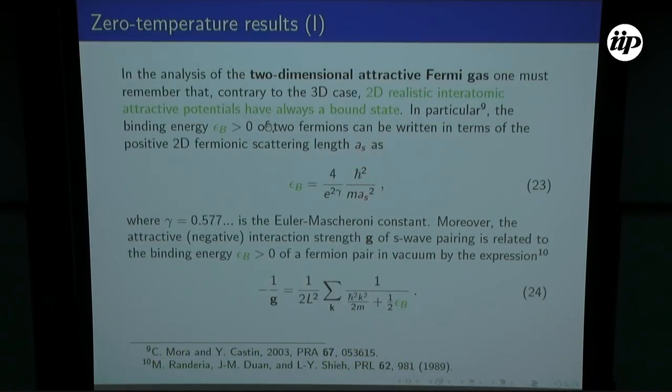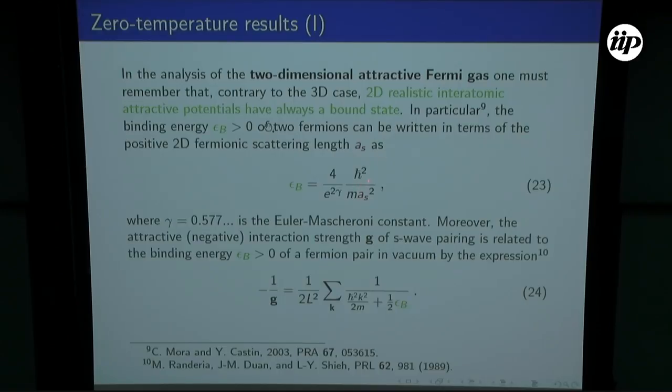Okay. In 2D, as I said previously, there are always bound states for any scattering length, and the precise formula that relates the binding energy epsilon b to the 2D scattering length a_s is written here.